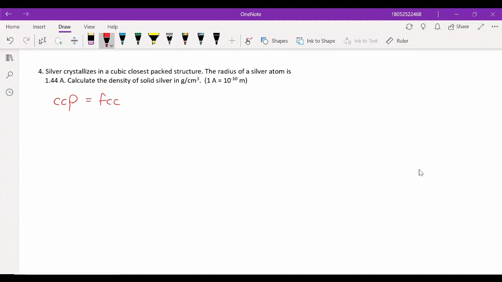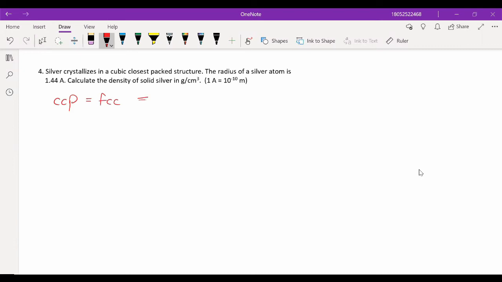For this, what's important is there's a chart at the end of my chapter 16 handout that has different cubic unit cells compared, and it gives you the number of atoms in each cell and the edge length in terms of the radius, so you can check that out.